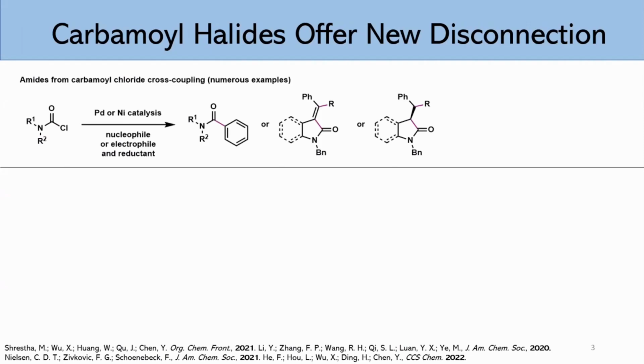Most of this work has been done with carbamoyl chlorides, the molecule shown in the top left. These have been shown again and again to work well with palladium and nickel catalysts to form numerous very useful amide products, your typical linear amides or your lactams or oxindoles.